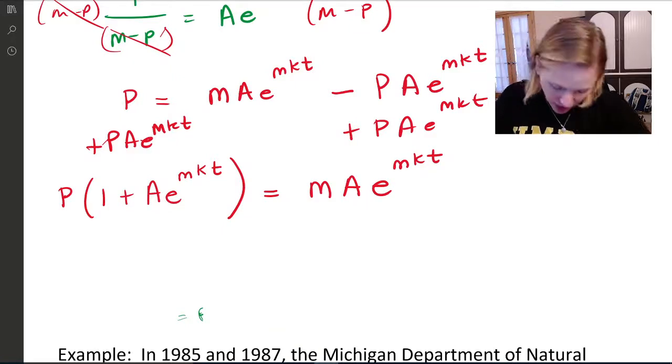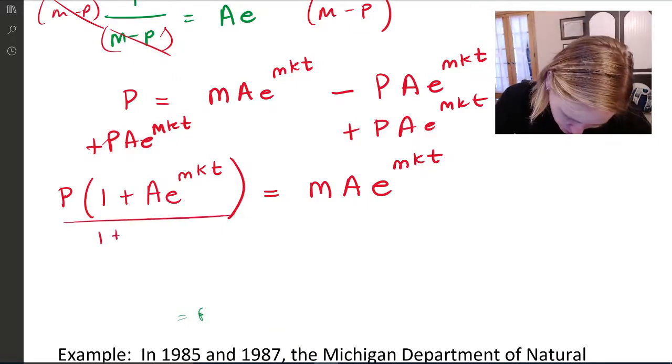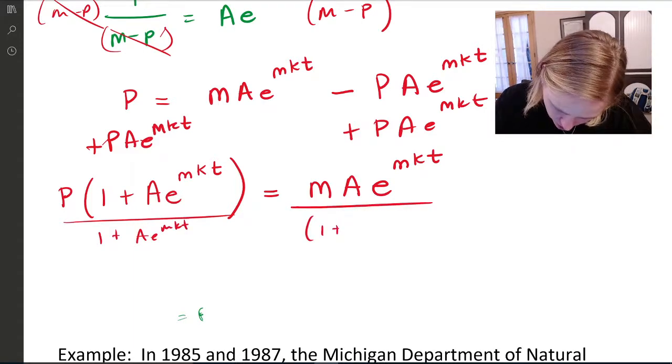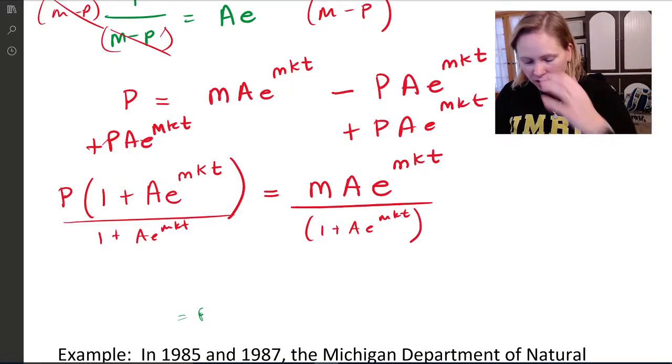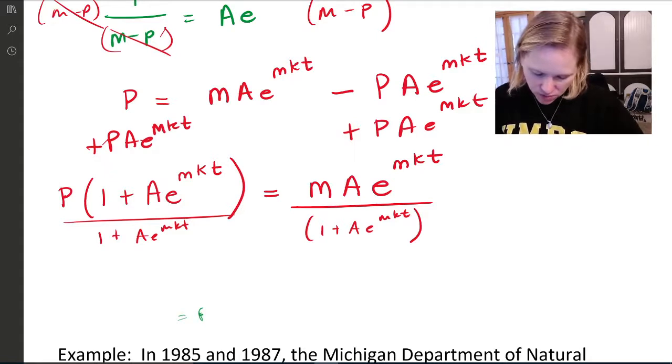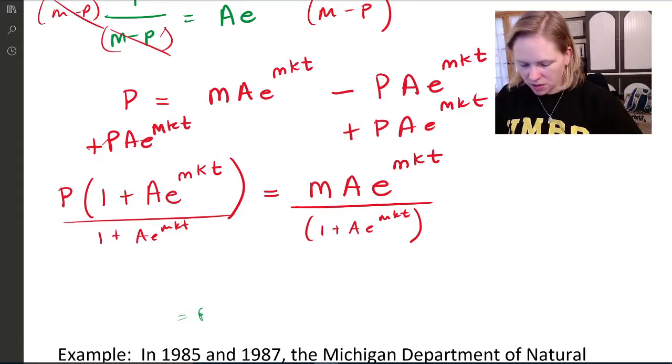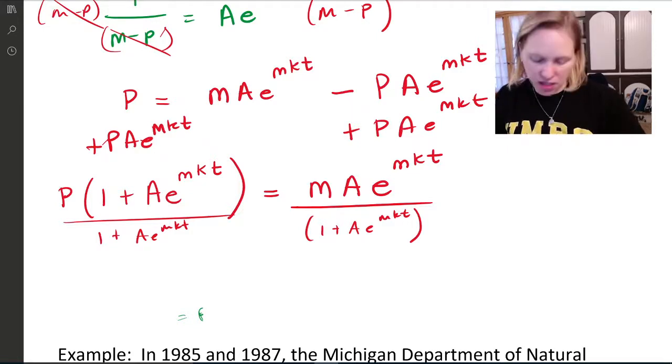Now all I have to do is divide. I'm going to divide by 1 plus a e to the mkt. Okay, so let's think about this. We've got some things happening here, and it doesn't quite look the way that I want it to look.